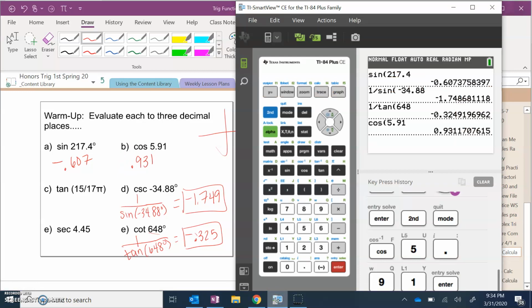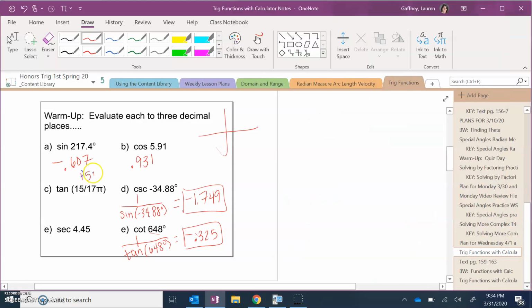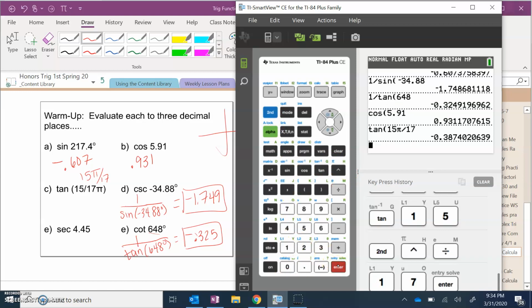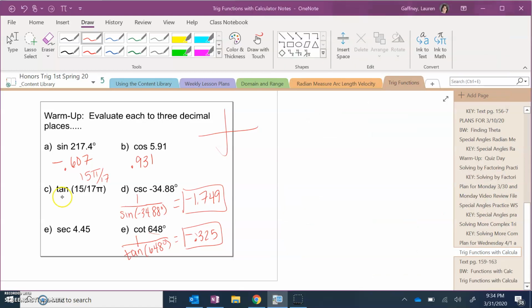Okay, tan of, now, it's written kind of funny here, so just so you're clear, this is saying 15 pi over 17. It's just written funny. Whoever typed this didn't type it in math type, right? So tan 15, here's the pi button, right here in blue, divided by 17. You get negative 0.387.